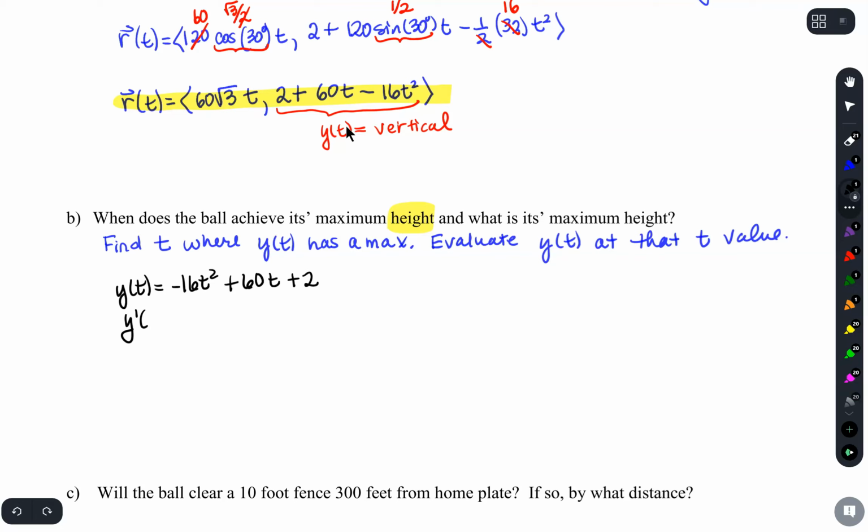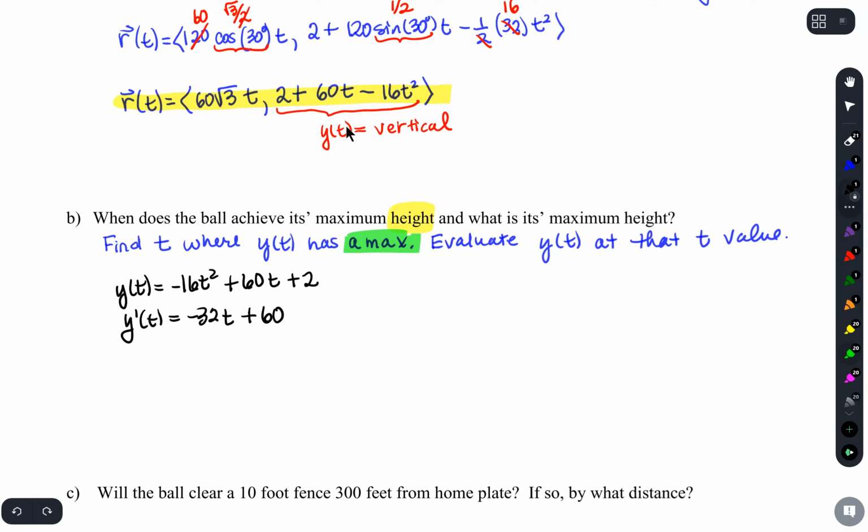So our derivative is y prime of t is negative 32t plus 60. So remember, using calculus, if we want to find where y of t has a maximum, we have to first find the derivative. And once we have the derivative, we look for critical points, and then we test those critical points.